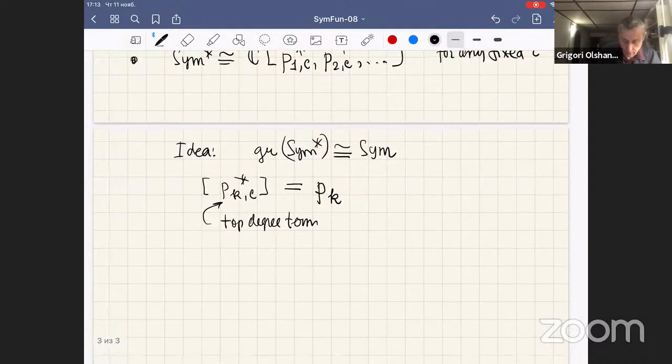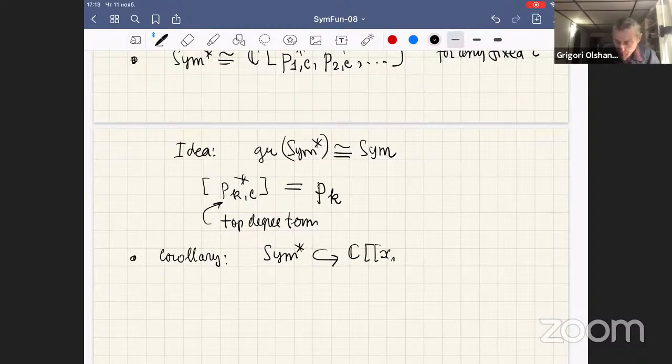As a corollary, which is not completely evident, our algebra can be embedded, is contained in the algebra of formal power series.